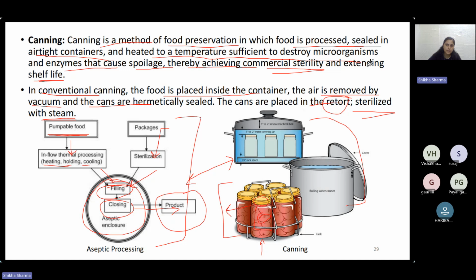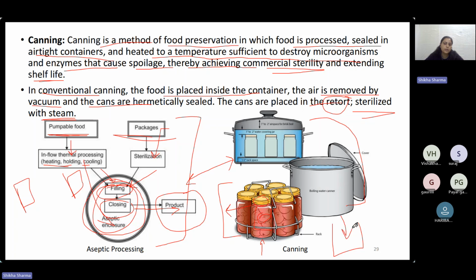Both use sterilization, but the main difference is that the flow is different. In aseptic processing, we take the food and sterilize it. Then we take the package separately, and we sterilize that also. Then we fill in an aseptic environment. Whereas in canning, we take some jar or tin first, and we put the food product in it first itself.